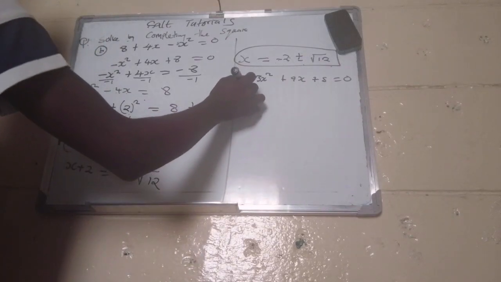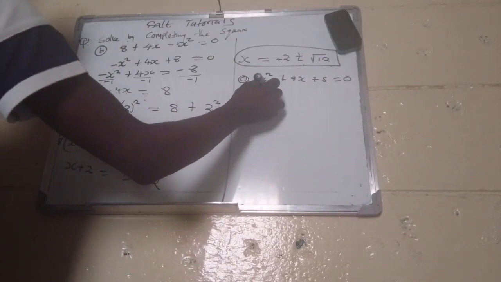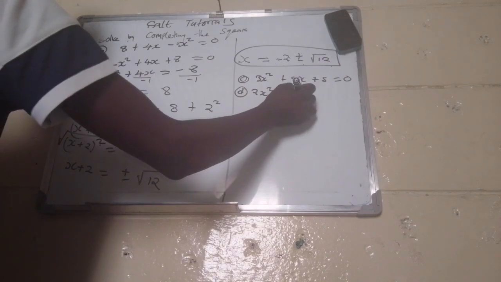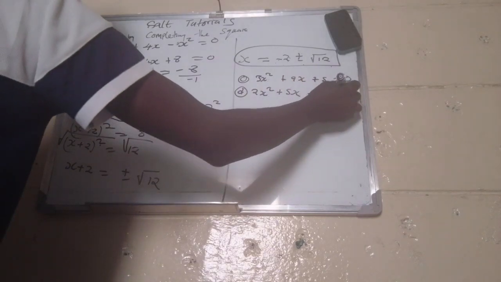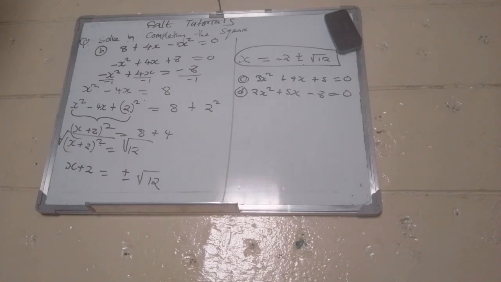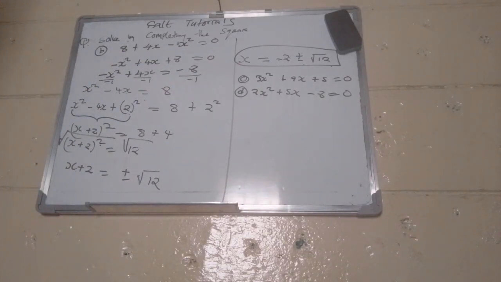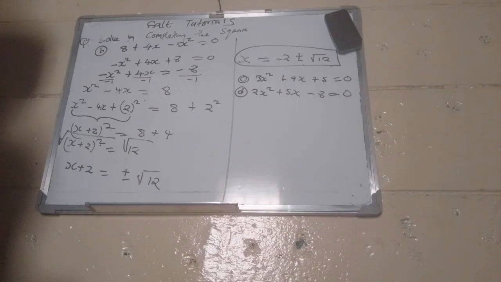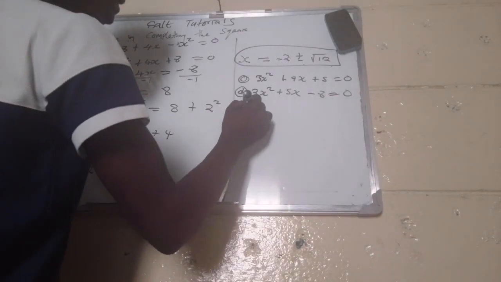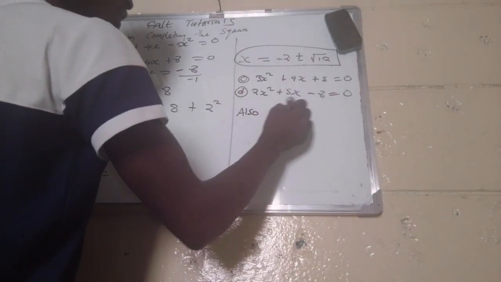D, I can say 2x squared plus 5x minus 8 is equal to 0. Use the completing the square method to work out those two expressions.